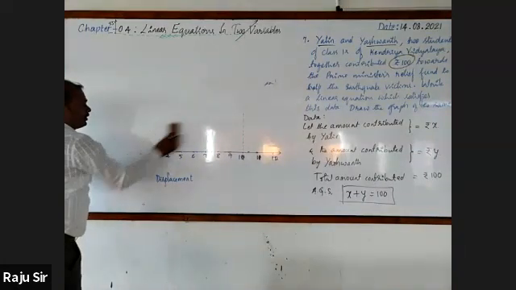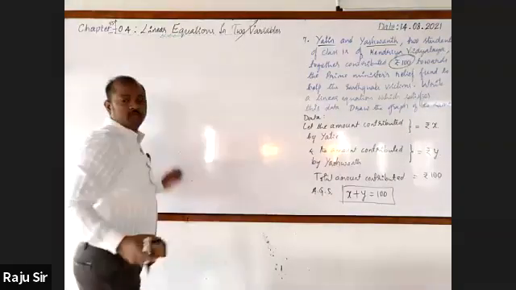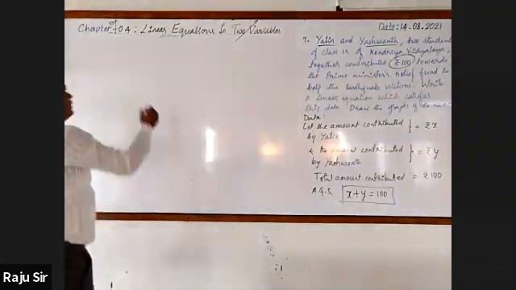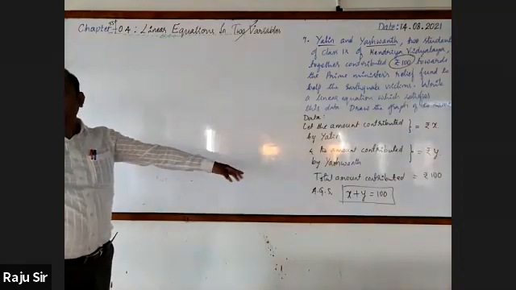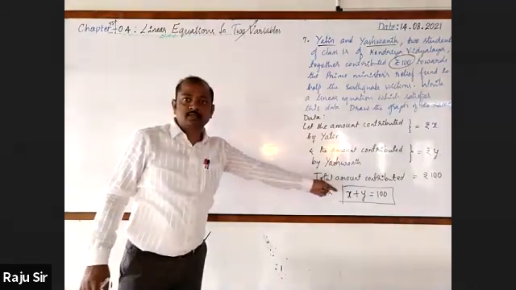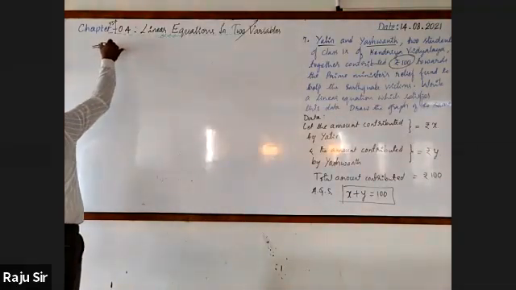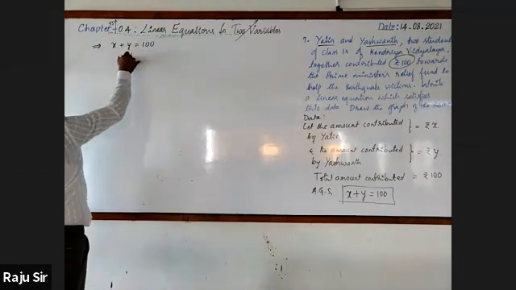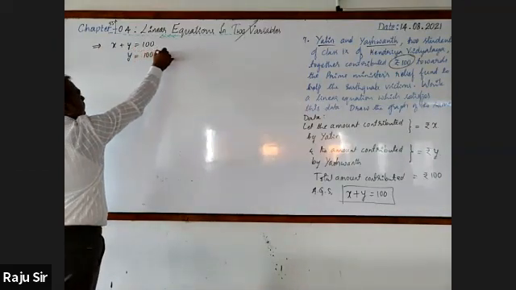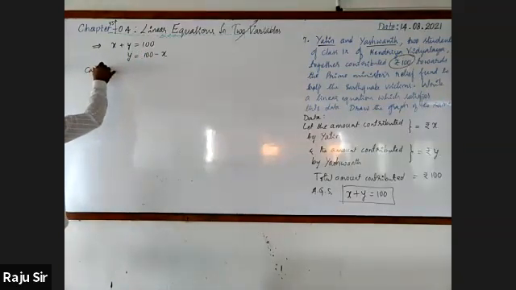Calculation table and values of X. Before going to the calculation table, you have to solve for Y from this equation: Y is equal to 100 minus X. Now, write the calculation table.